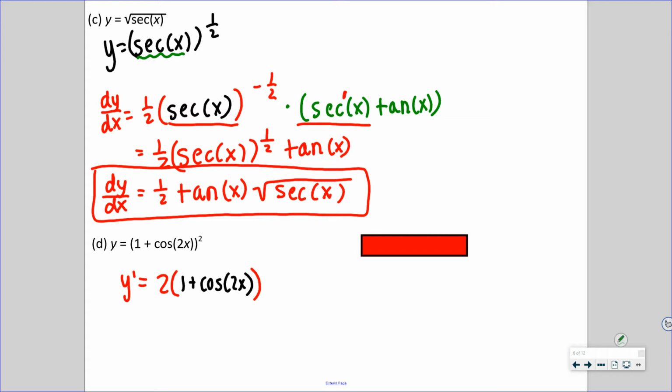Times the derivative of the inside. Okay, careful here. Derivative of 1 is just 0. Derivative of cosine is negative sine.